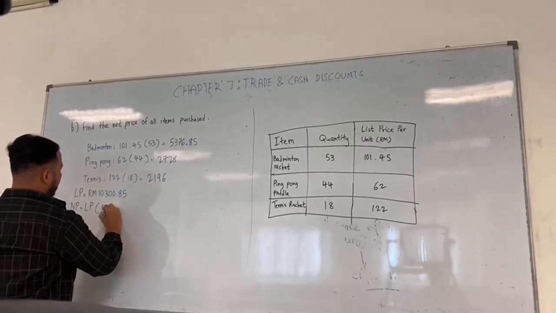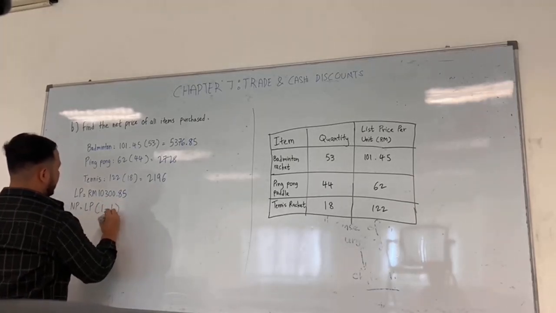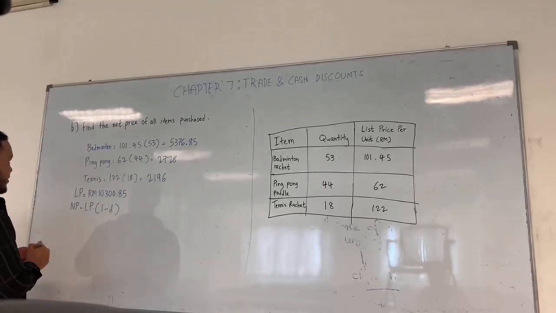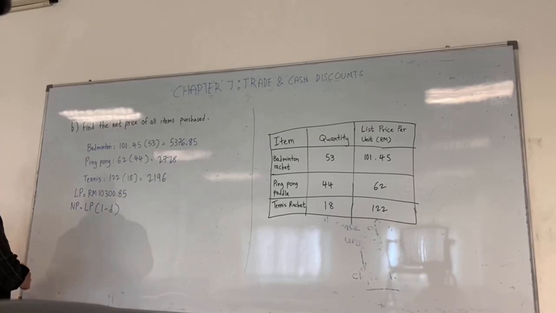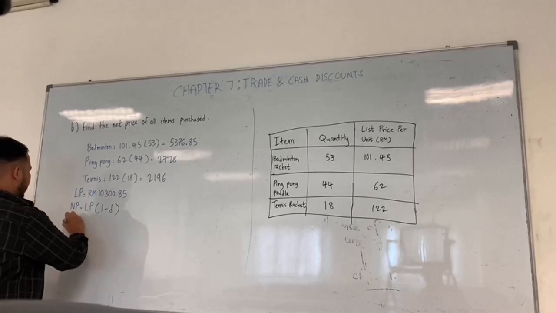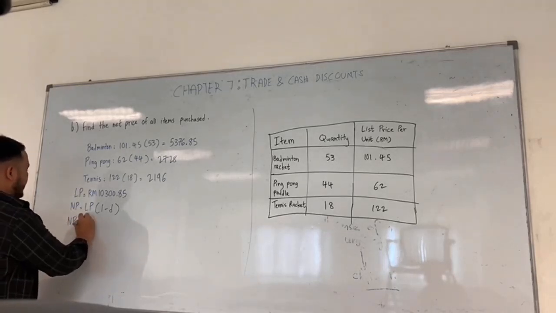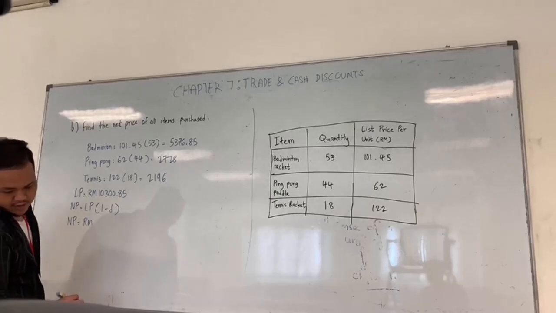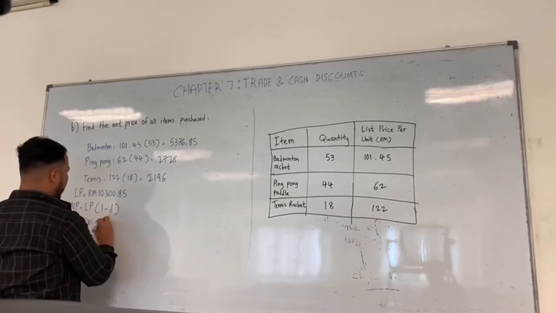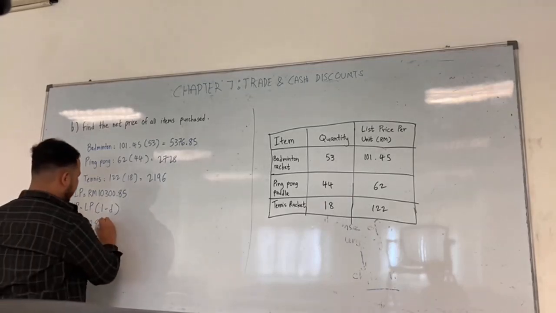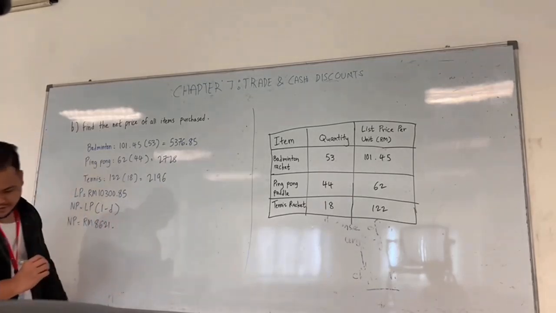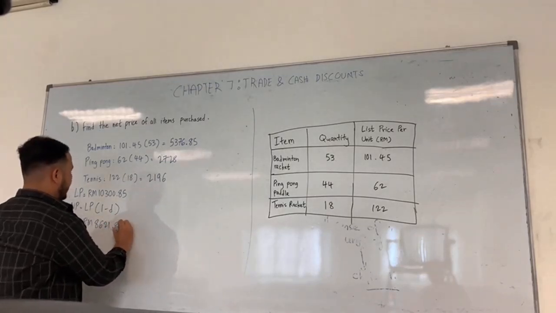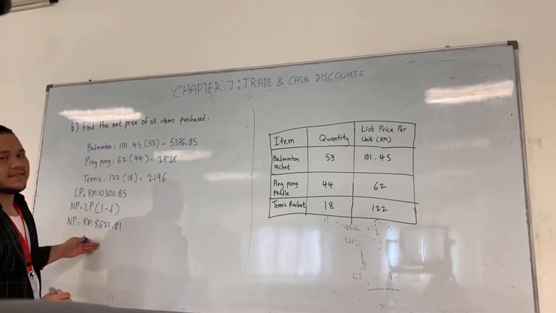Just calculate all of this and get the answer. The answer is NP equal to RM 8,621.81. And this is the answer.